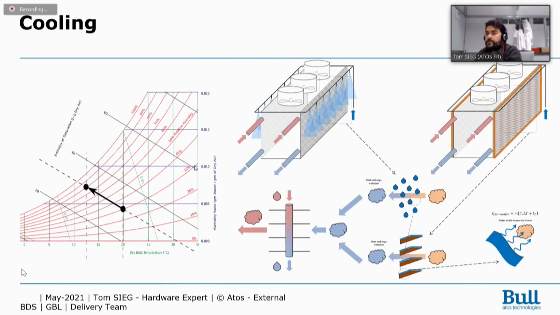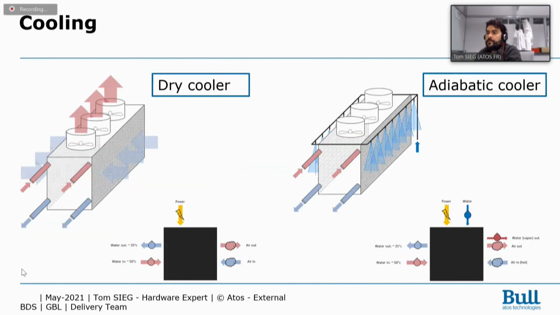Something I didn't explain on the adiabatic parts: an adiabatic cooling solution is able to work without water, like the Senegal one. So you will be able to use it like a dry cooler.